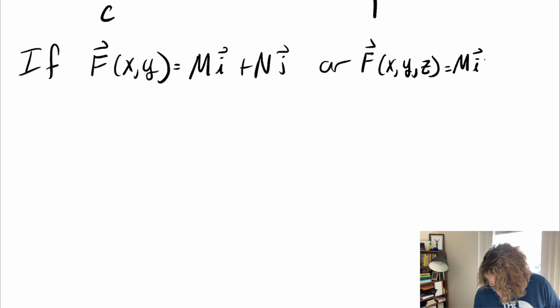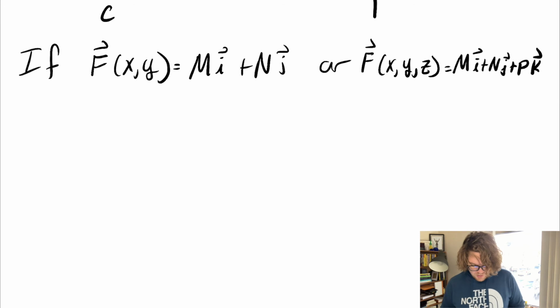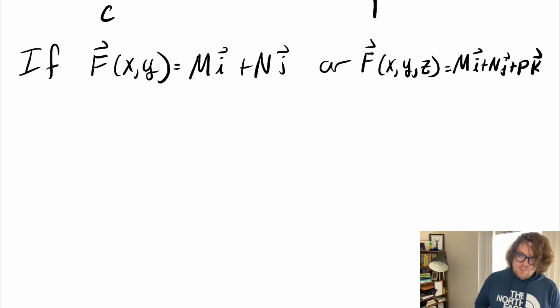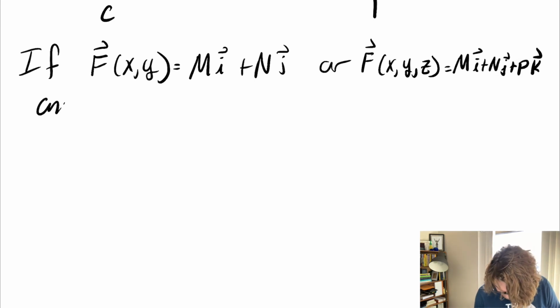Sorry, at this point it's just a vector field, not a conservative vector field. Then the following are going to be equivalent. Let's go ahead and introduce a curve C also.